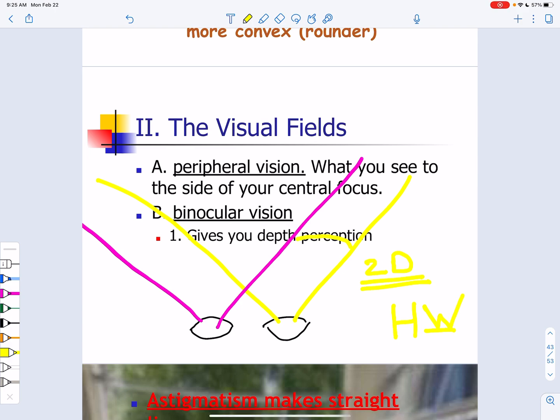Okay? Then we have this region in the middle. Now this would be the same for the other side. Okay? This would also be 2-dimensional. All right? So we can see height and we can see width. But in the middle here, we get a crossover, and these two things here are what give us three-dimensional vision.